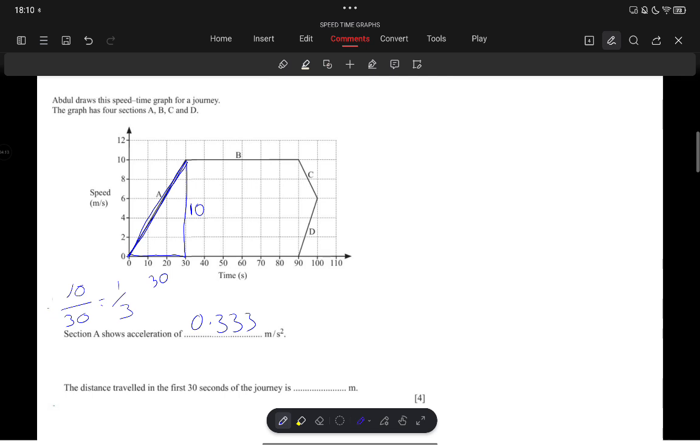I've shown my calculation, 10 divided by 30, and I've simplified that as 1/3 and 0.333 meters per second squared. I think it's more usual, isn't it, to give acceleration in these real-life context type questions to use decimals than fractions, but I think I've covered myself and I'm fairly sure I've got the marks.